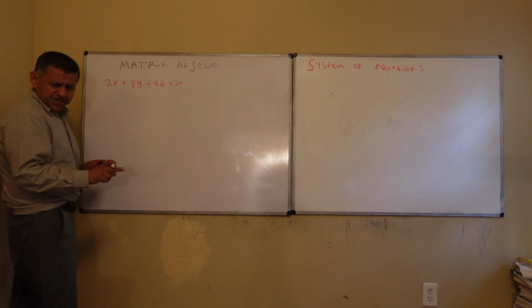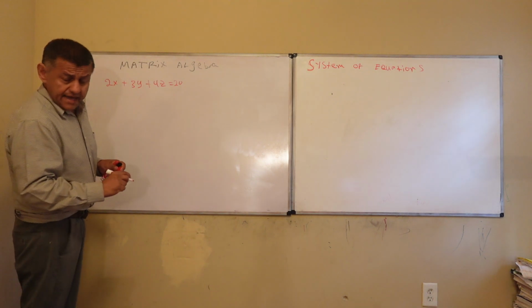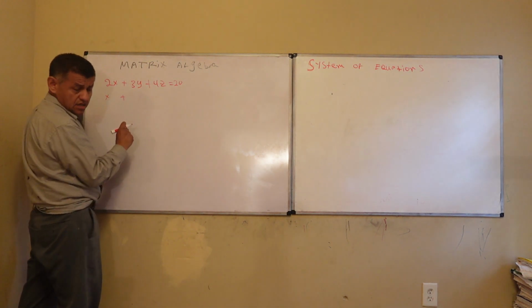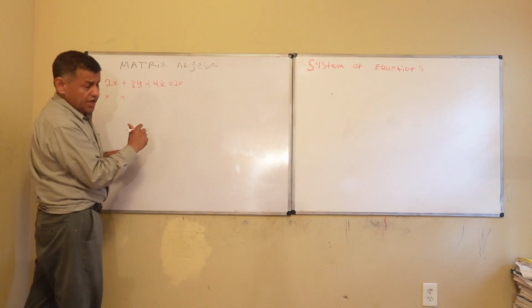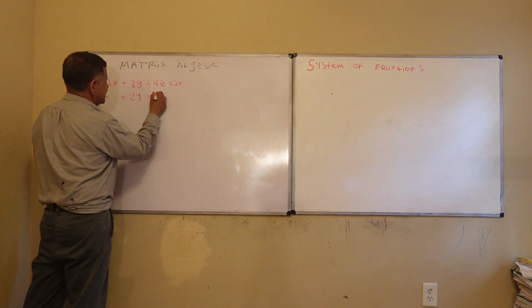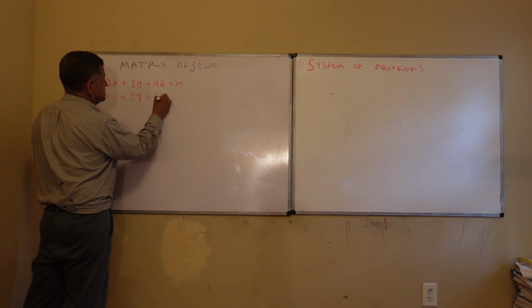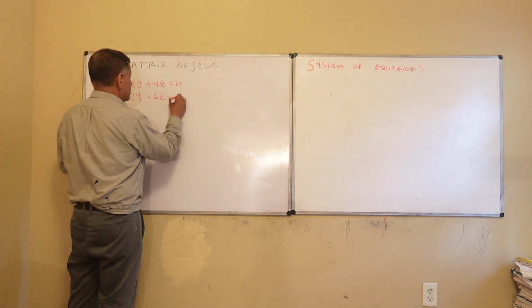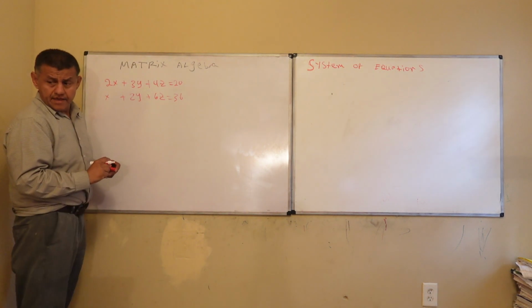And then the second equation is x plus 2y plus 6z equal to 36.